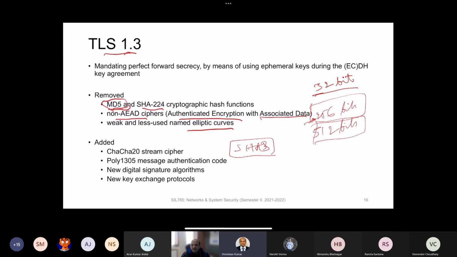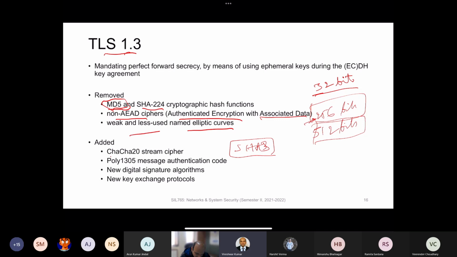But over the years, people have found that if you utilize a certain curve, the security may be lesser, and therefore over time better curves have been designed and the older curves have been dropped, and that is what has happened in TLS 1.3 as well.